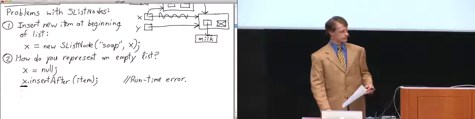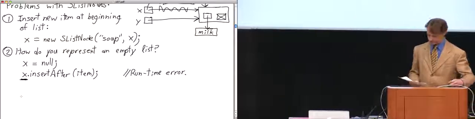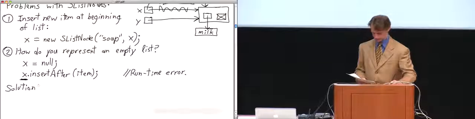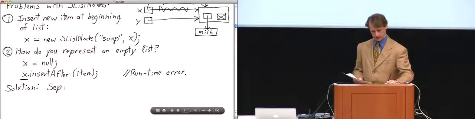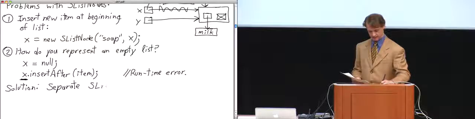So here we've got two problems, and I want to solve both of these problems. The way I'm going to solve them is by having a separate class for singly linked lists, which I will call SList.